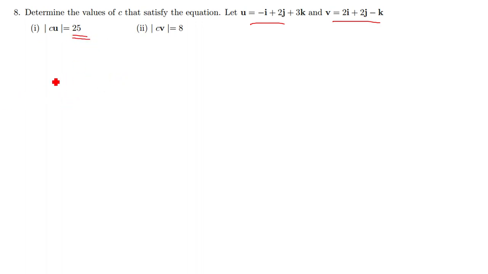So we're going to say cu, so cu is just the same as c times negative i plus 2j, so negative i plus 2j, and then plus 3k. Right, excuse me for that. So plus 3k.